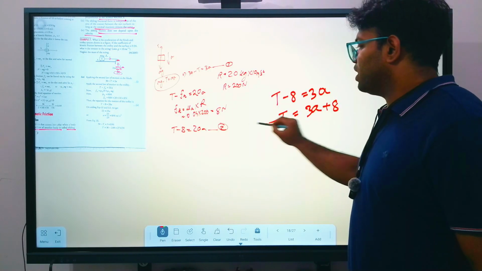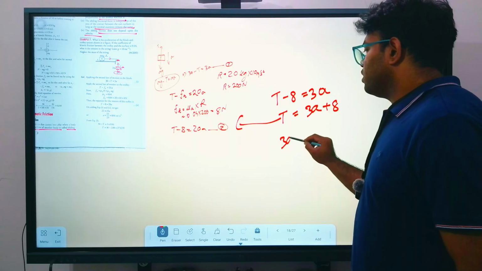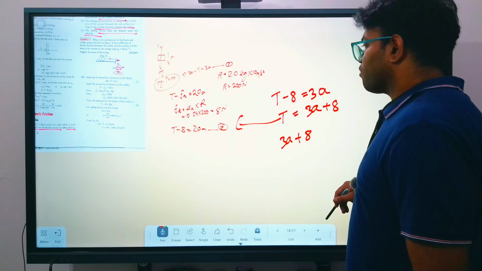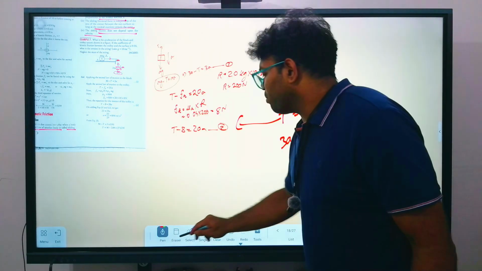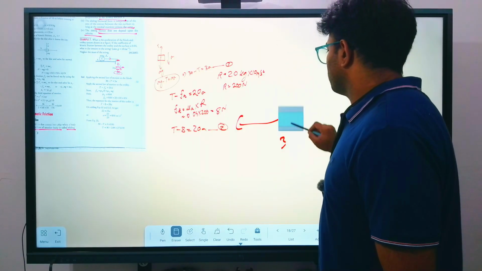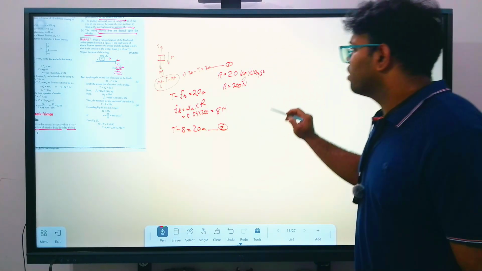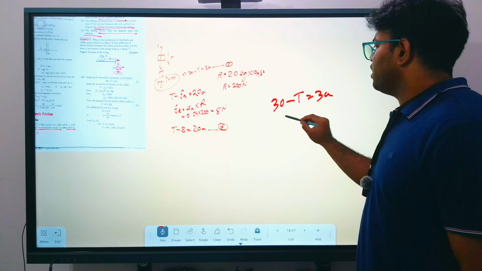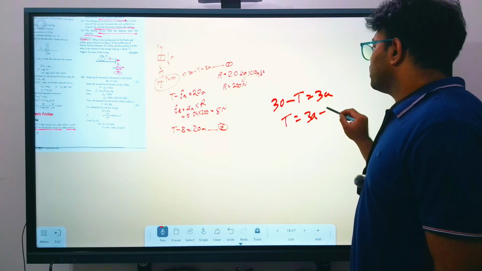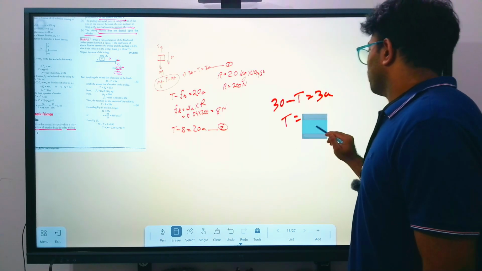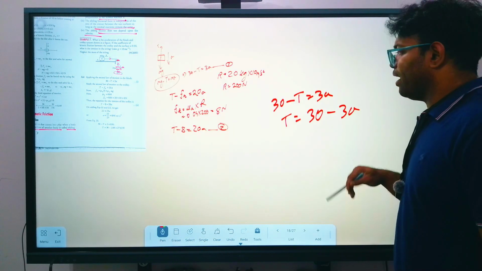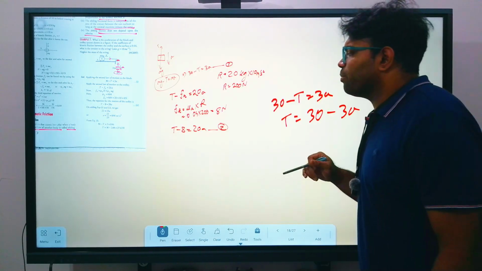So, if I put this in equation number 2, what do I get? 30 minus T is equal to 3a. T is equal to 30 minus 3a. Okay, T is equal to 30 minus 3a.